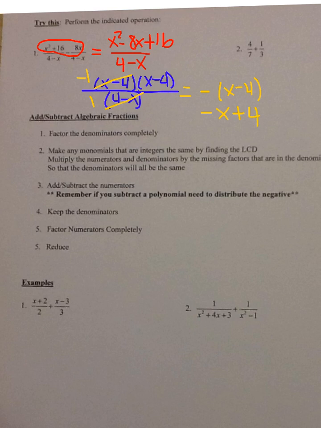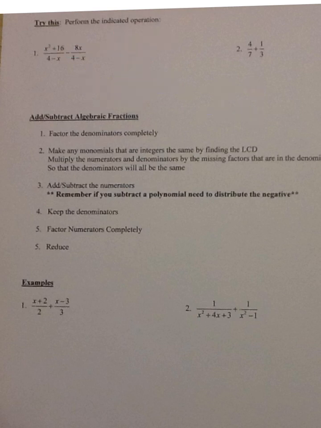Okay, so let's take a look at number 2. I have different denominators, a 7 and a 3, so I need the LCD. That would be the smallest number that 7 and 3 both divide into evenly, which is 21. So I'm going to multiply the 7 by 3.